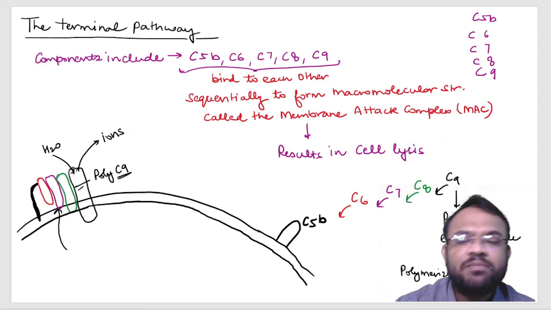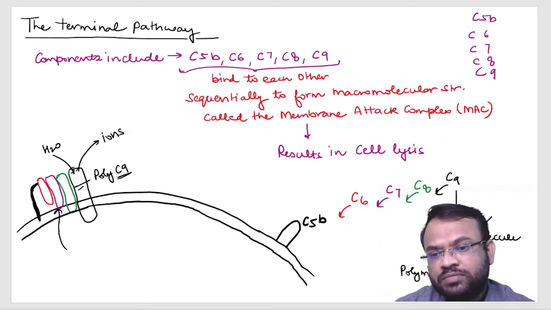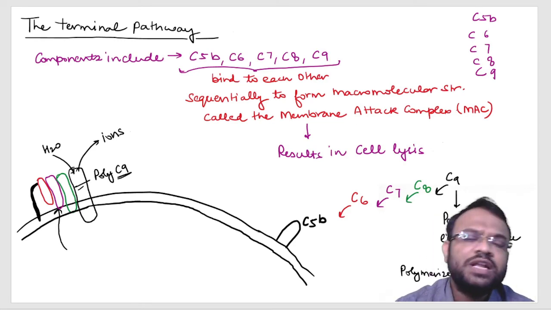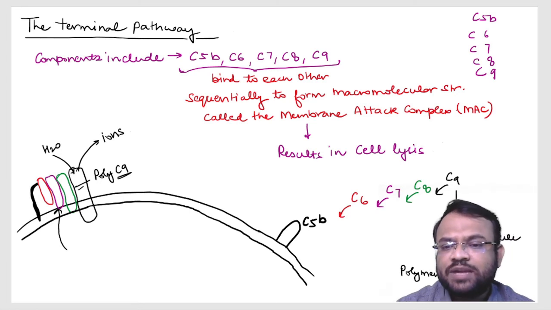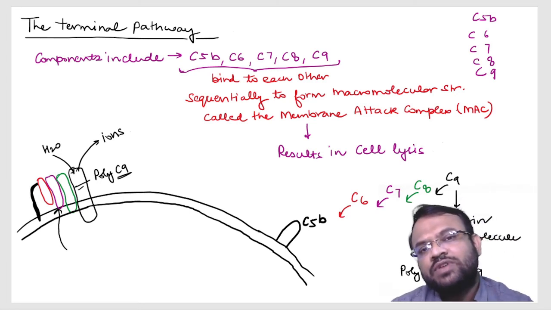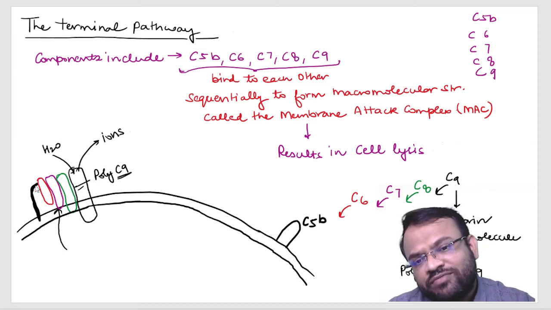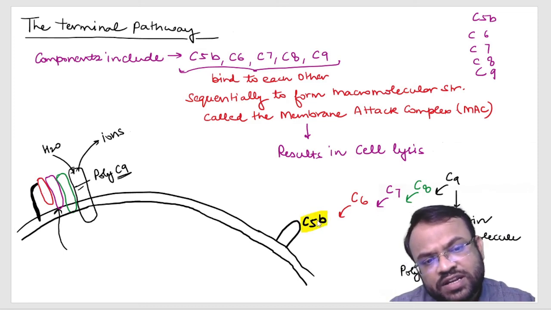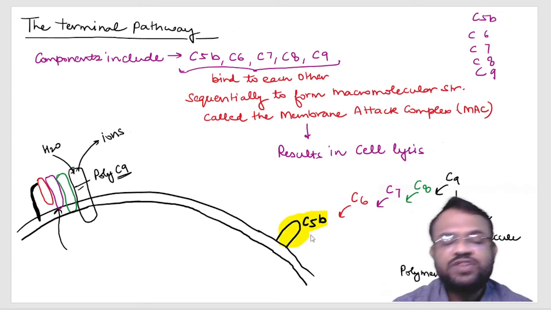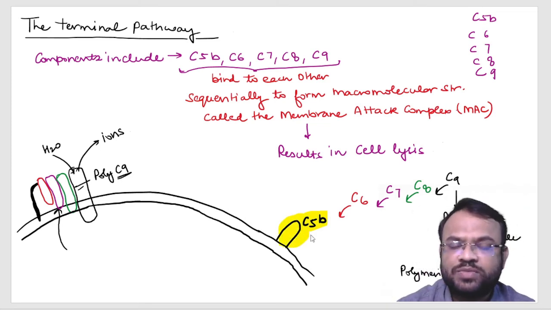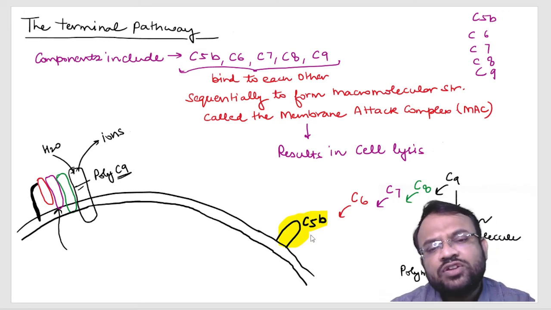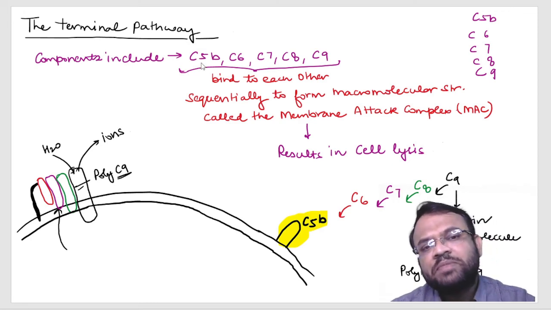Now let us come to the terminal pathway. What do we understand by terminal pathway? By terminal pathway I mean that C5b is present initially over here, that is, it has bound to the membrane surface of the cell that has to be destroyed. What are the components present in the terminal pathway?